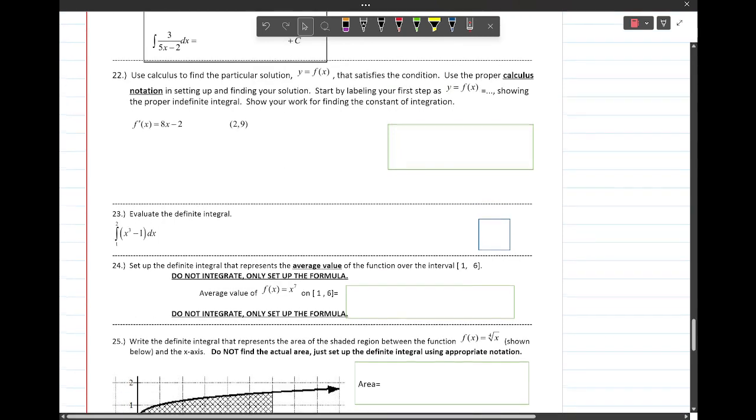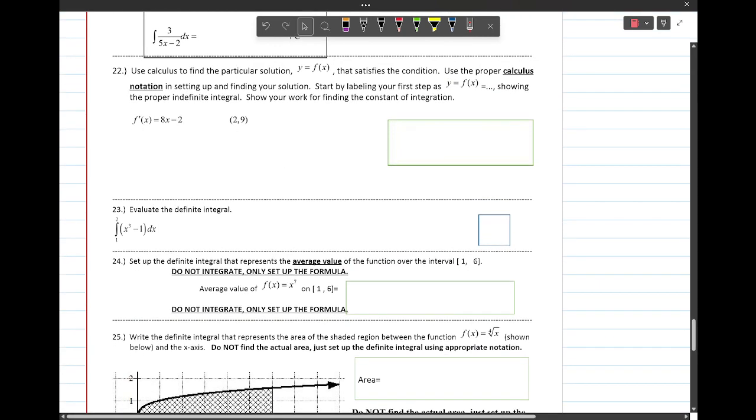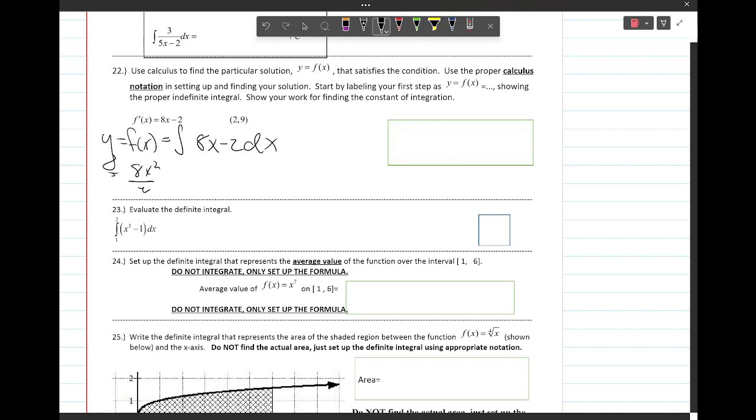Okay, anyway. So we're going to need to start by labeling your first step as y equals f of x, showing the proper integral. So I guess we'll want to set it up like that. And this is the simple, when I say simple, by the way, I don't mean simple as in easy.